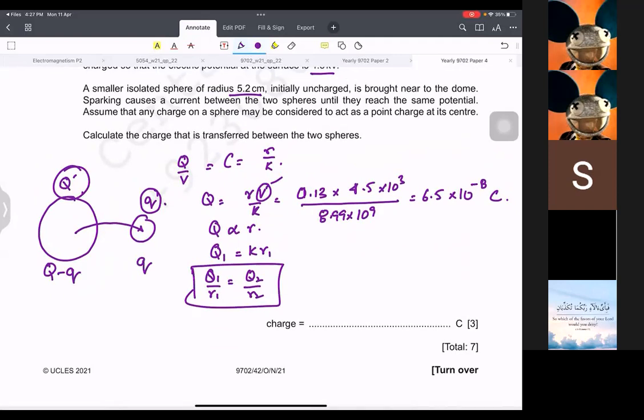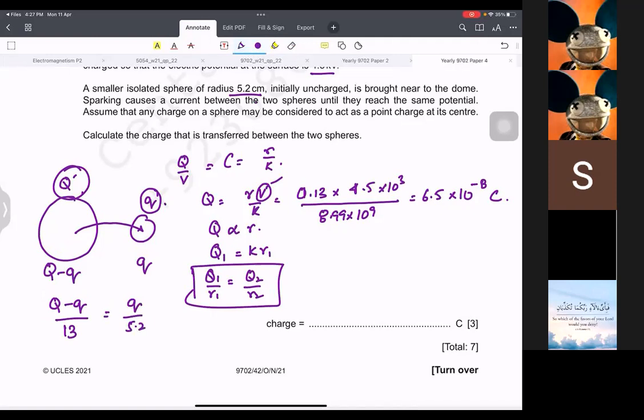Let's suppose it had 100 coulombs and 20 goes there, so the new charge will be 100 minus 20, so it is going to be 80, just like that. Okay. Now, we already have the total charge, so we don't have to worry about it. But now we will put it. So Q minus q over R1 is 13, I believe. And this is q and R2 is 5.2 right here.